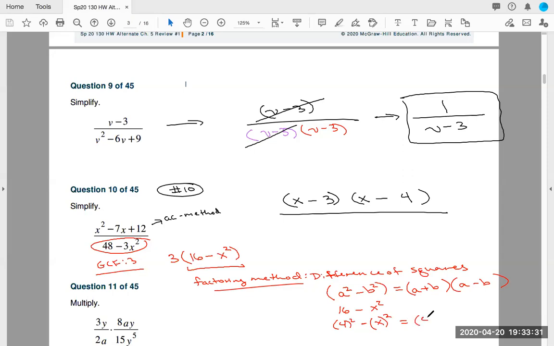So you have 4 plus x times 4 minus x. Okay, so what we have from this, we still have the 3 in the front, and then 16 minus x squared is going to break into 4 plus x, 4 minus x. Okay, let me go ahead and clear the bottom part.